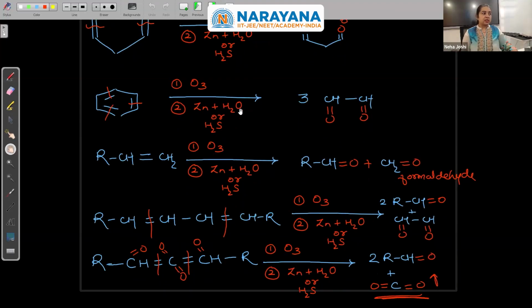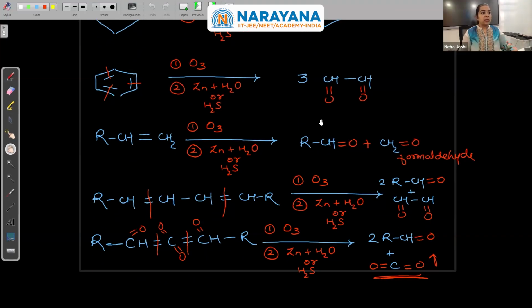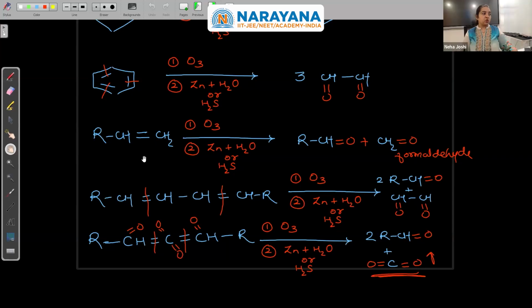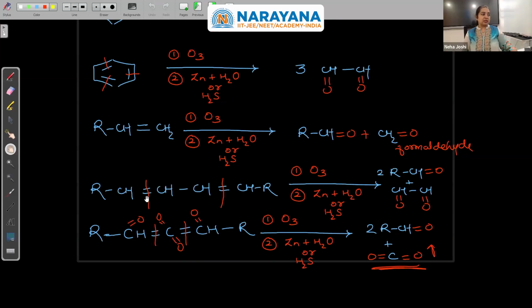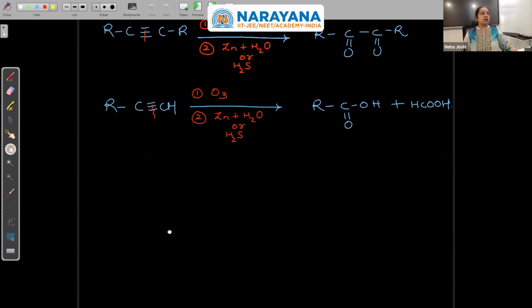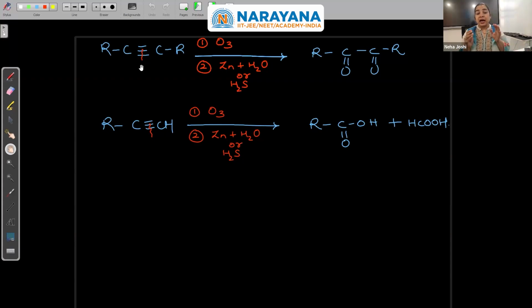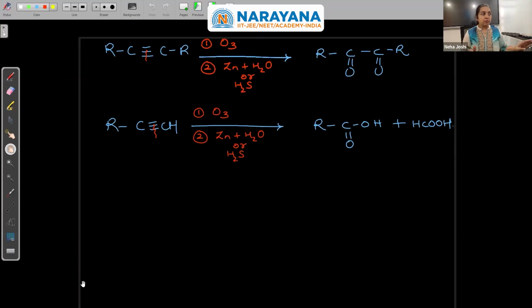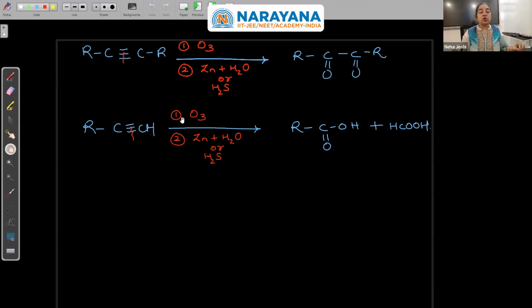Same thing, alkenes: terminal alkene, I have formaldehyde. Conjugated, I have glyoxal. And allene is there, then the central one is having CO2. Okay. Alkynes, ideally alkyne ozonolysis is nowhere. By nowhere I mean no good book refers to this ozonolysis in detail.